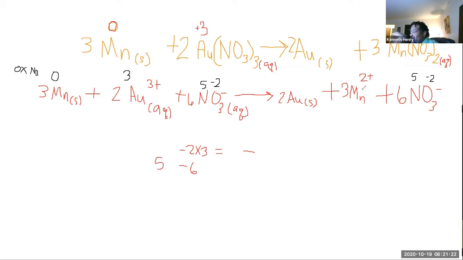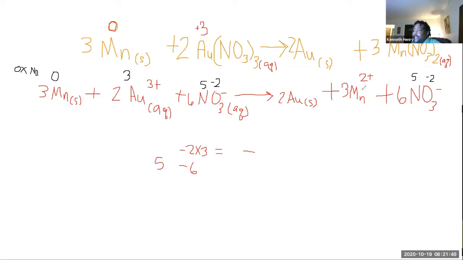What is the second rule for oxidation numbers, Darlene? Well, since MnNO3 doesn't have a charge, doesn't it have to balance it out? What is the second rule for oxidation numbers? Monatomic ions' oxidation numbers equal the ion's charge.